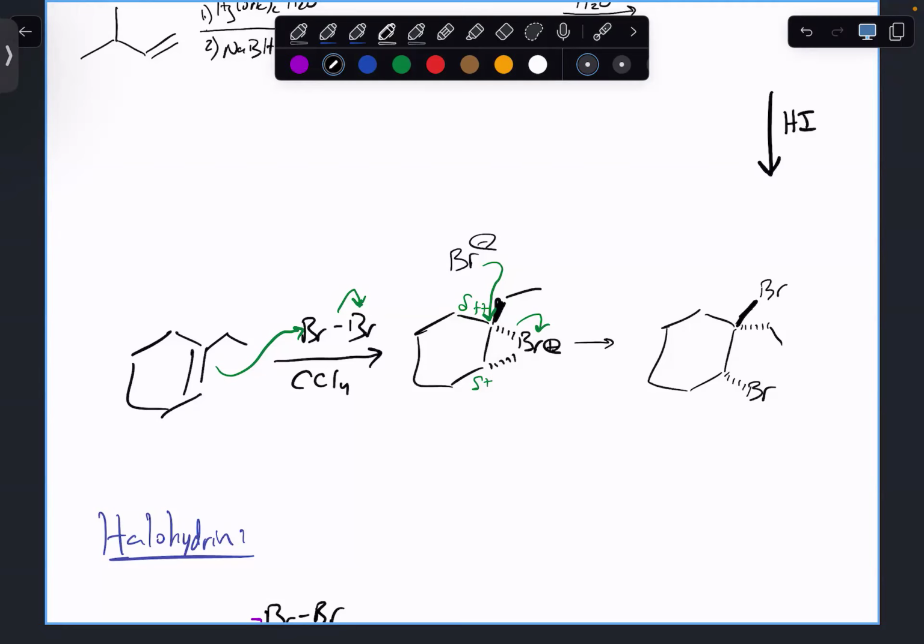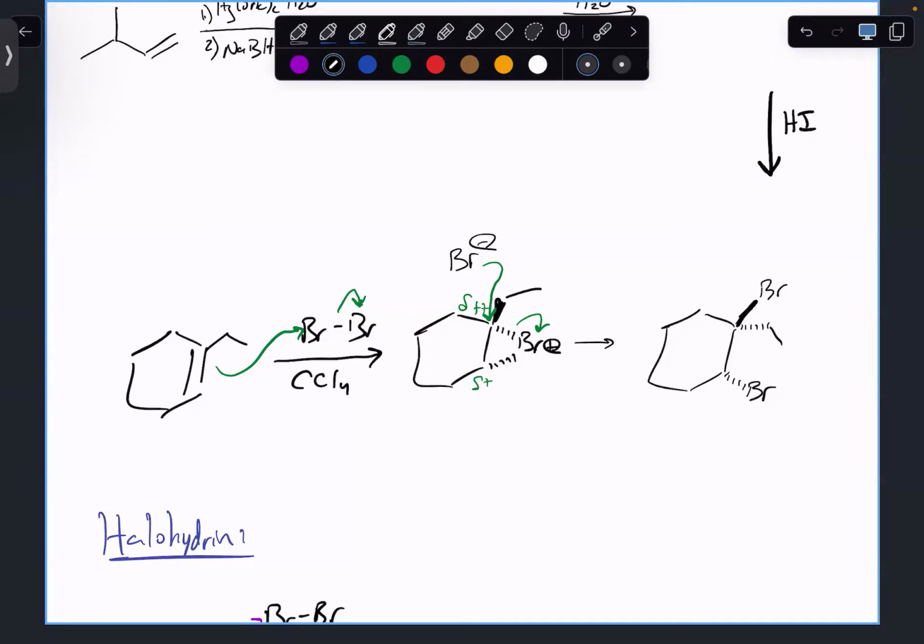Yeah, Kosa. Because this is a tertiary carbon, and that's only a secondary. Remember, in terms of carbocation stability, the more substituted, the more stable. So the same kind of rule holds.